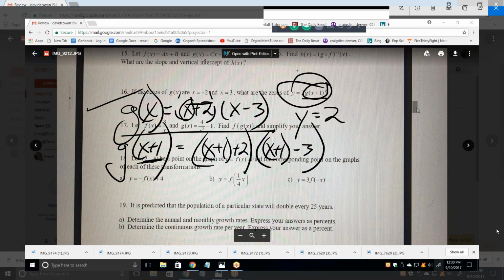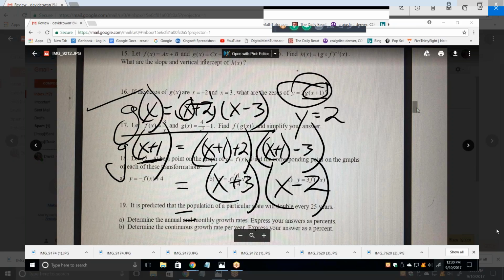That's what g of x plus 1 is. Now simplify that. What's x plus 1 plus 2? x plus 3. Okay. What's x plus 1 minus 3? x minus 2. Multiply those two together.